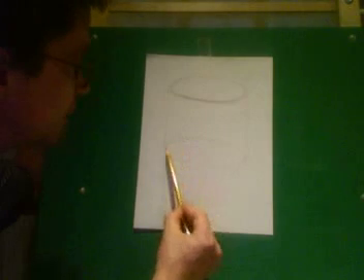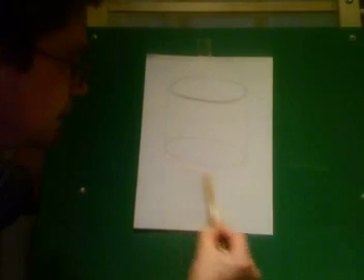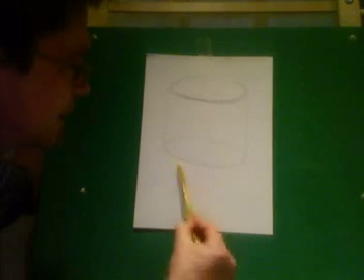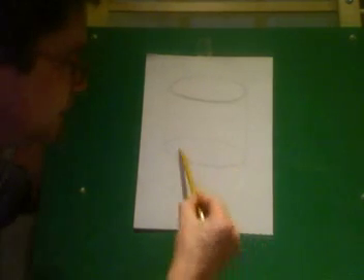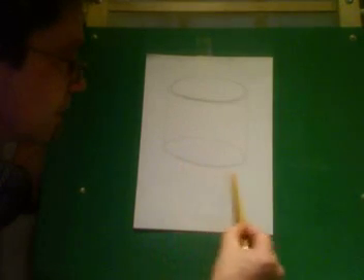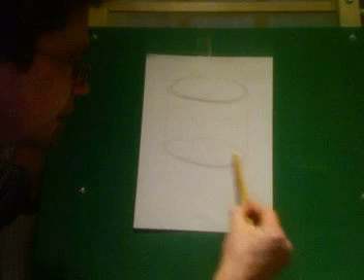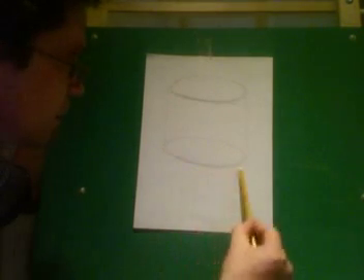Now I'm going to do the same exact thing for the bottom one. And I'm going to kind of move through this as quickly as possible. Alright, and again you can stop, pause the video at any time, or do it along with me.